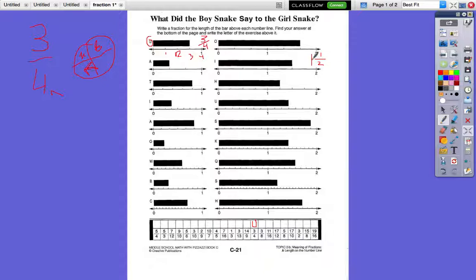2 times 1 is 2, plus 1 is 3. 3/2. Now let's look at that a little different. Let me draw this. So here I have a whole, and it's broke up into 2. And then I have 1 out of 2. So I have a whole here. I'm going to change colors. Here's my whole. And here's a whole.